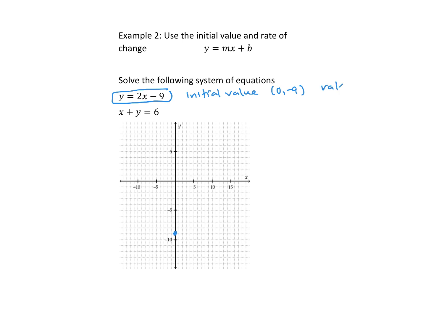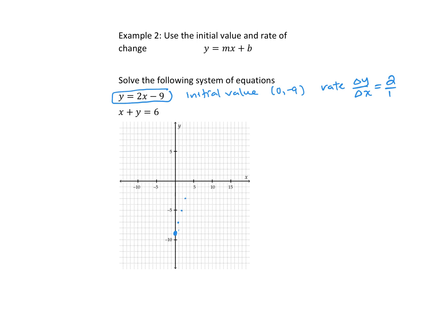And then my rate of change, or the difference in the y over the difference in the x, is 2, which would be over 1. So from this point, it means every time I increase 1 on the x, I go up 2 on the y. So from here, I'm going to go right 1, up 2, right 1, up 2.